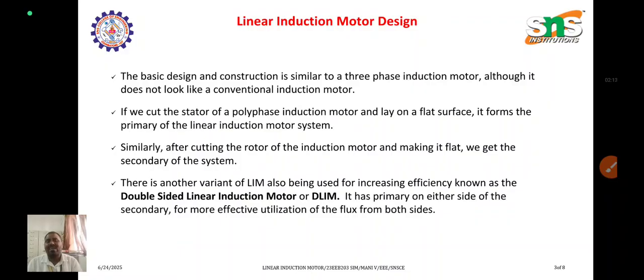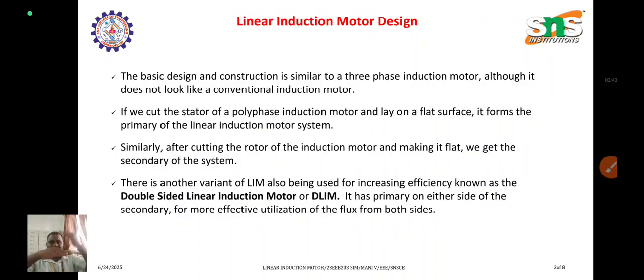Another variant is called the double-sided linear induction motor. If you have one stator and one rotor, we get one primary and one secondary. This is called a single-sided linear induction motor. If you have two primaries, one on each side of the secondary, that is called double-sided. In the upper part we have one primary and in the lower part also one primary.